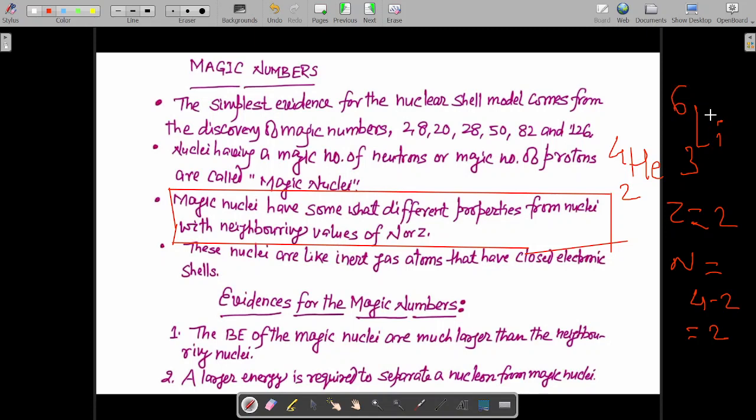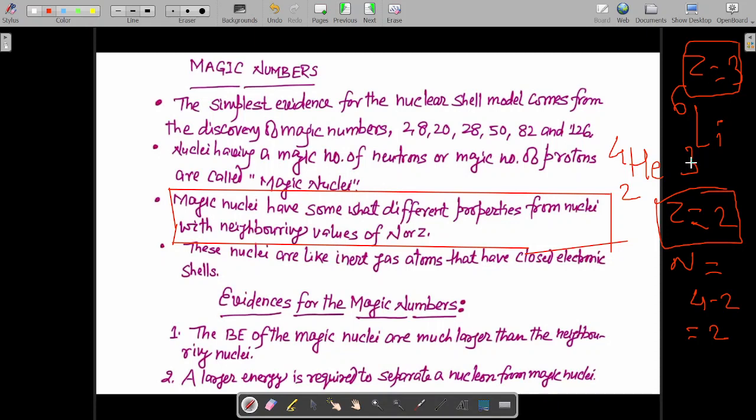So Z equal to 3 is a neighbor of Z equal to 2. As compared to lithium, this helium will have some specific extra stability properties, because lithium is a neighbor of helium with respect to atomic number. Helium has atomic number 2, lithium has atomic number 3.